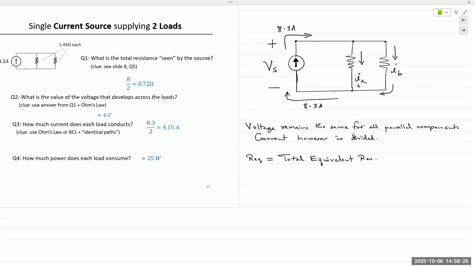Whatever resistors you have in series, you simply add them up. In a parallel connection, Req is the reciprocal of the sum of the reciprocals. Okay, so it's 1 over 1.14 plus 1 over 1.4.